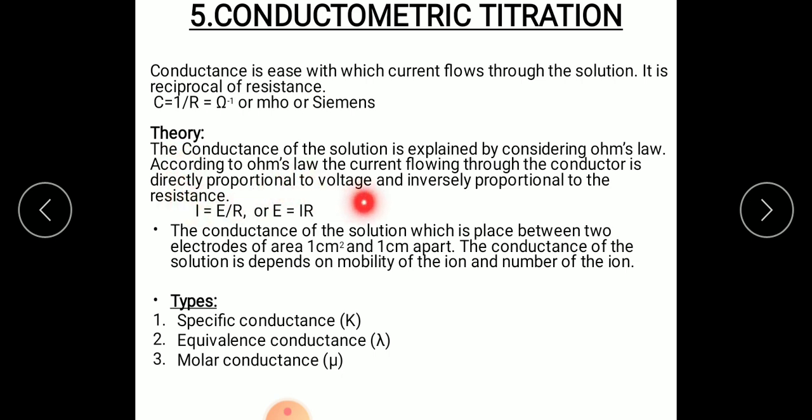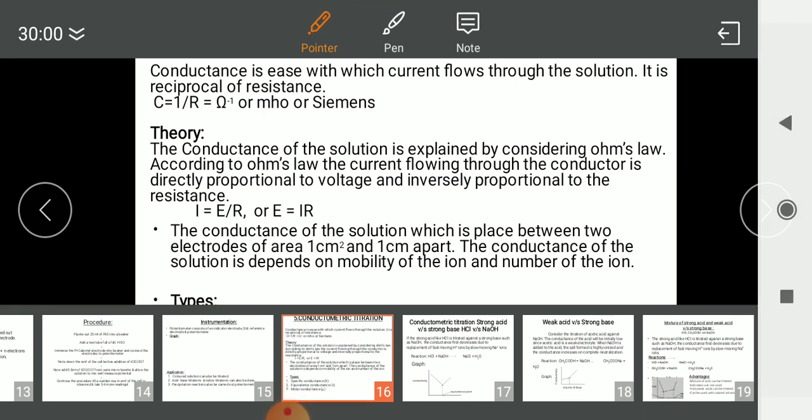So let us have a look at the theory. The conductance of the solution is explained by considering Ohm's law. According to Ohm's law, the current flowing through the conductor is directly proportional to voltage and inversely proportional to resistance. So I, the current flowing, is directly proportional to voltage, or you can say V instead of E also, and inversely proportional to resistance R. Also you can write E equal to IR.